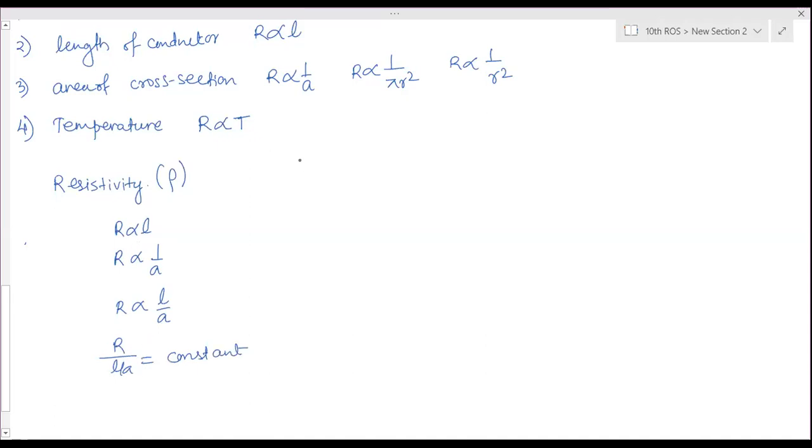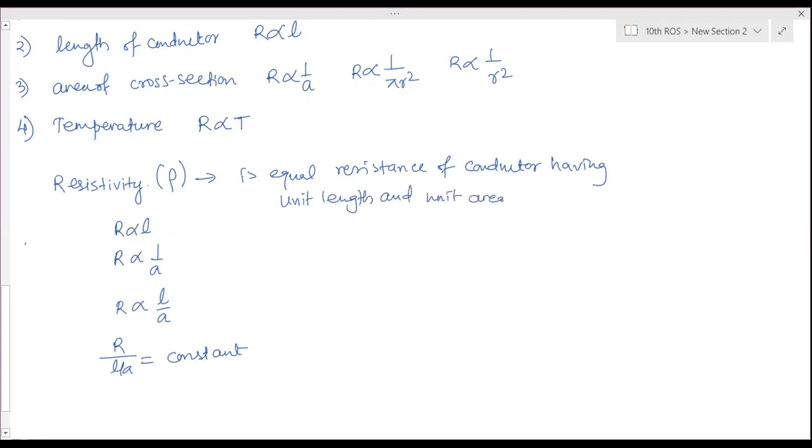So resistivity is equal to the resistance of a conductor having unit length and unit area of cross section.